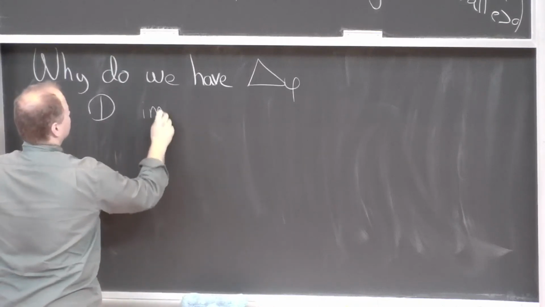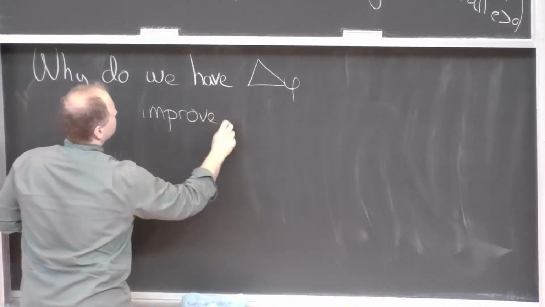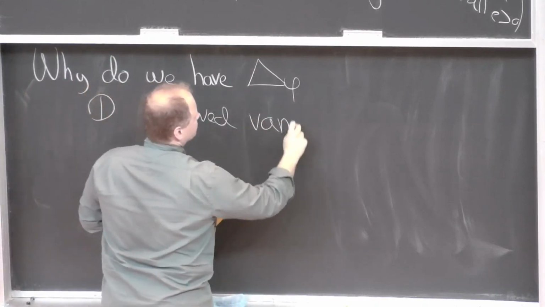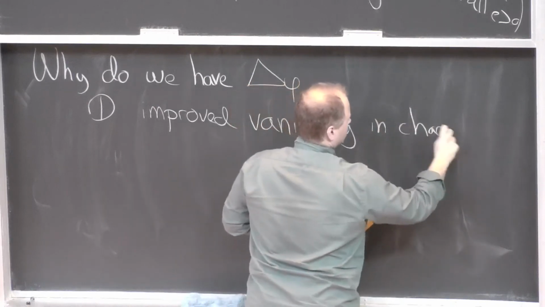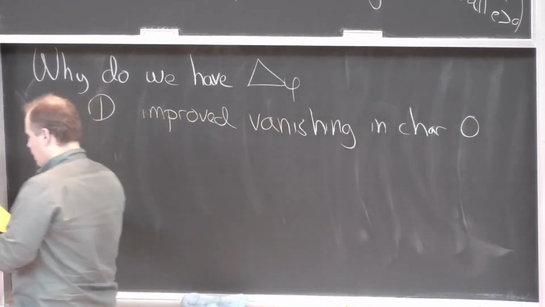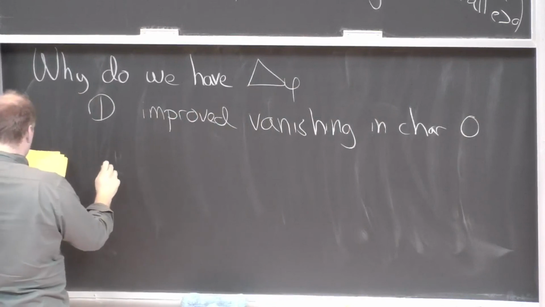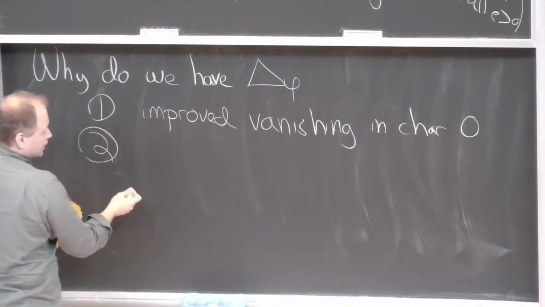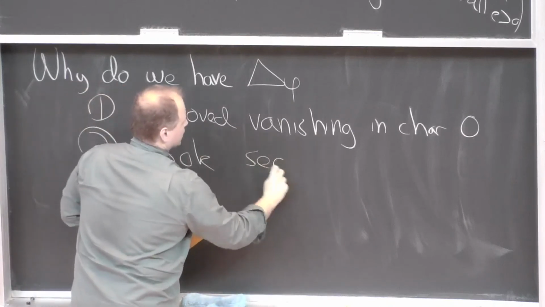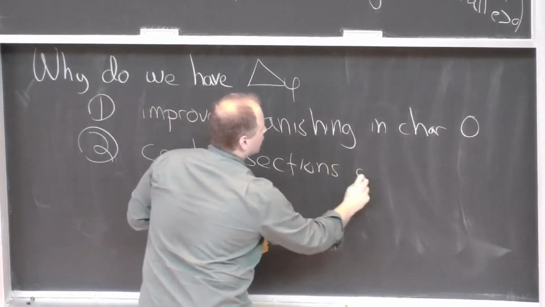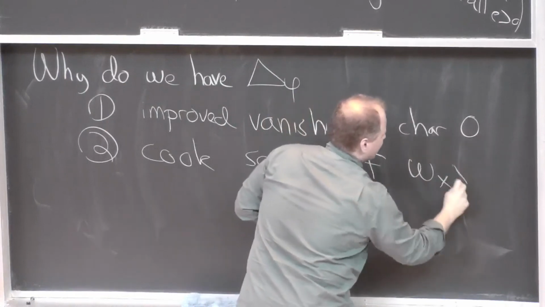So maybe you get improved vanishing in characteristic 0. They're actually used in a lot of arguments to cook up sections of omega_X tensor L.